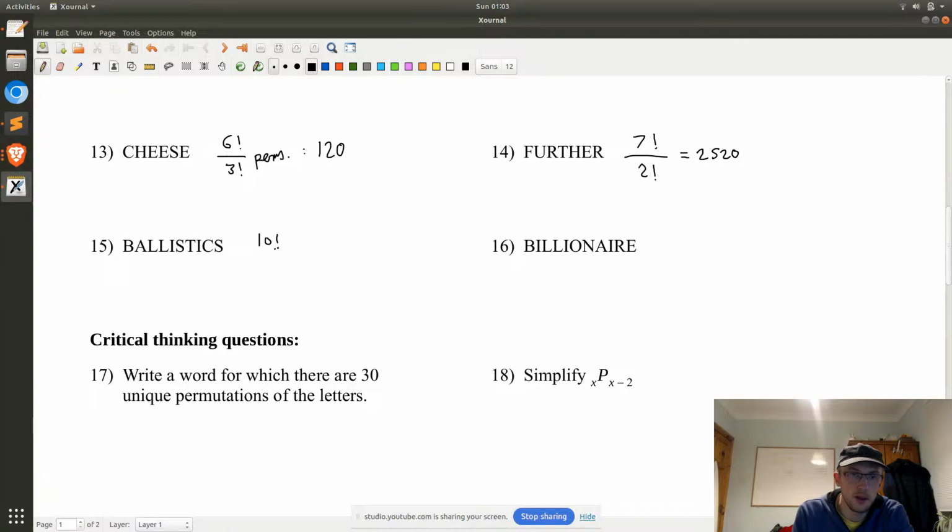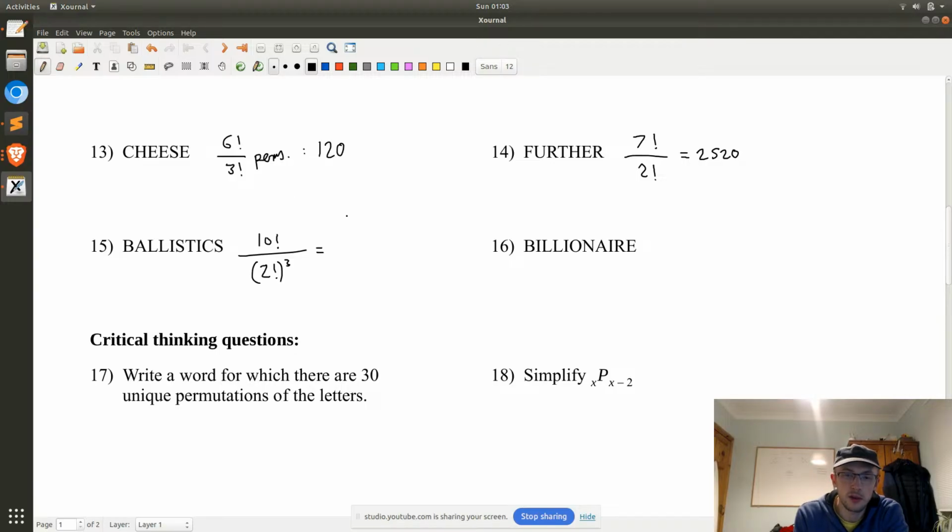10 letters, so 10 factorial, 2 repeats of L, 2 repeats of I, 2 repeats of S. So 10 factorial over 8.